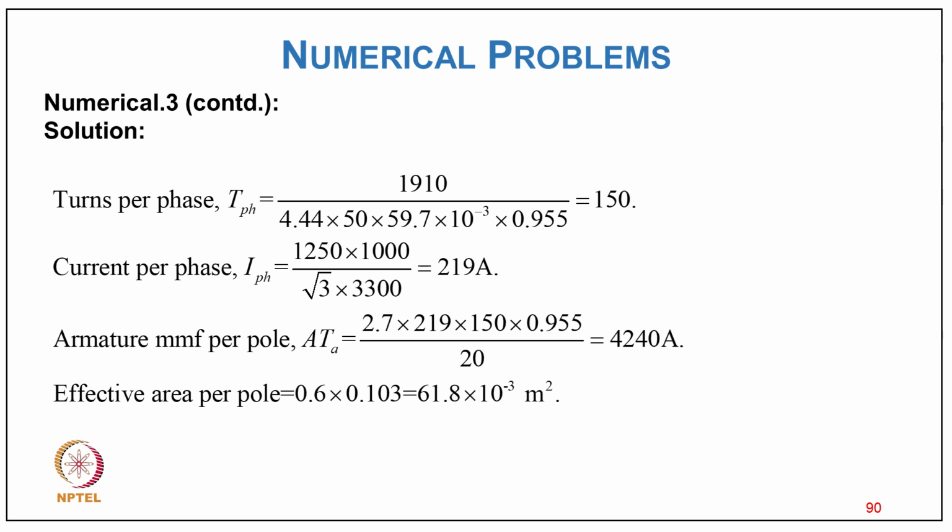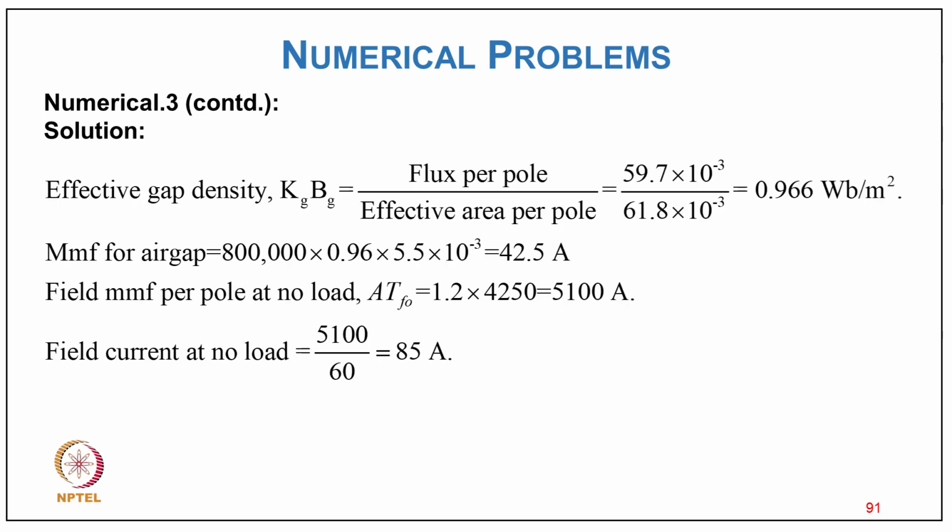Effective area per pole, putting psi into this, 0.6 into this, comes 61.8 into 10 power minus 3 meter square. Now effective gap density Kg into Bg, the flux per pole into area per pole, putting the values comes 0.966 Weber per meter square.